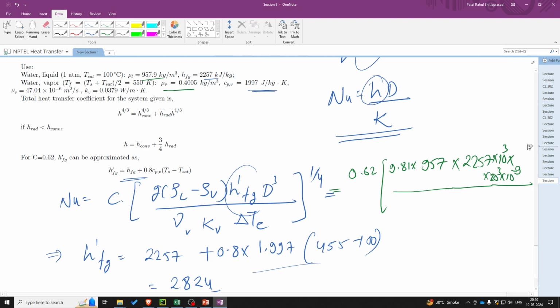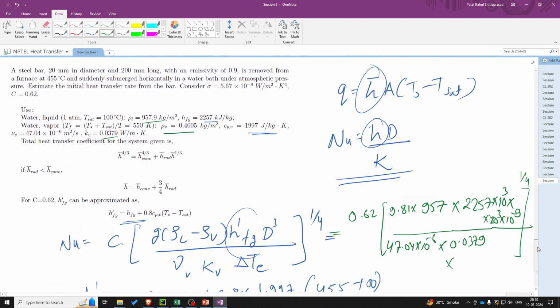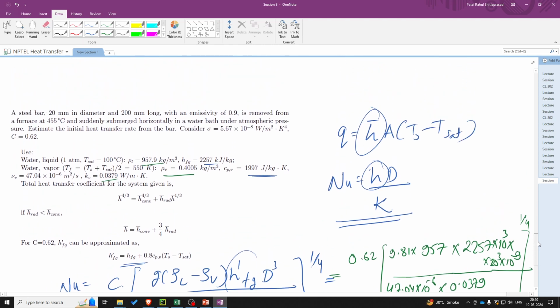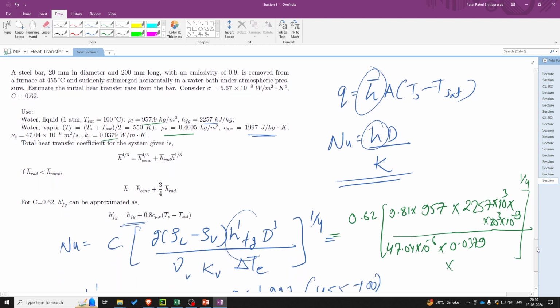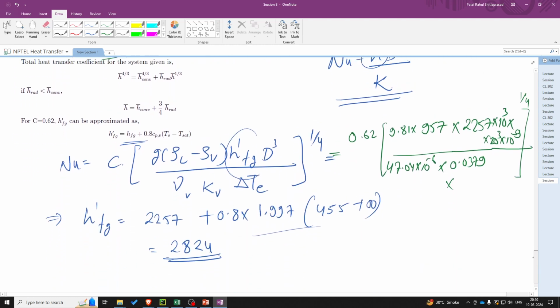upon 47.04 into 10 raised to minus 6, kV is this value 0.0379 into delta T, that is the excess temperature, 455 minus 100, so it will be 355.